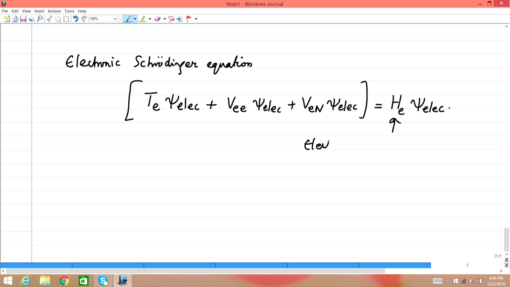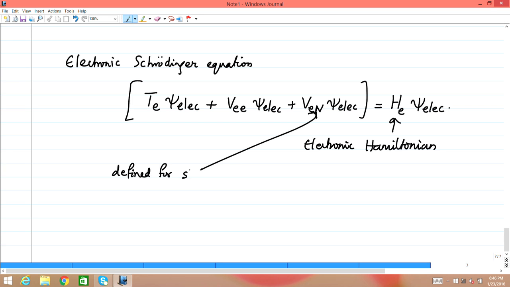This is called the electronic Hamiltonian, defined for very specific positions of the nuclear coordinates, for a specific choice of nuclear coordinates. Okay. Keep this in mind.